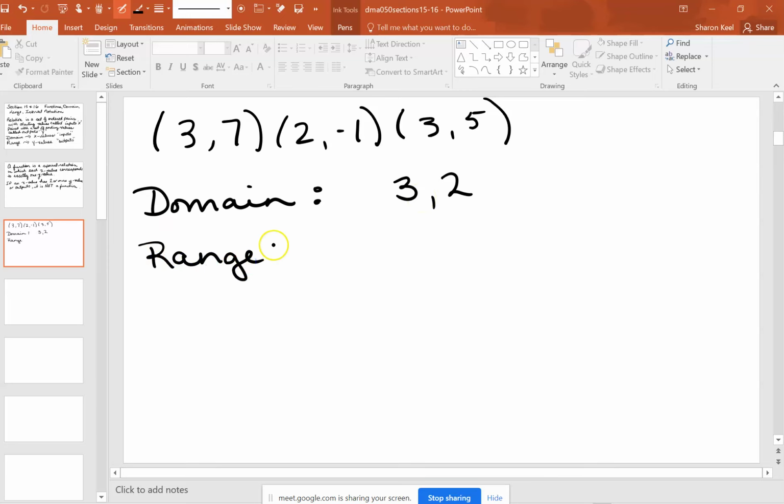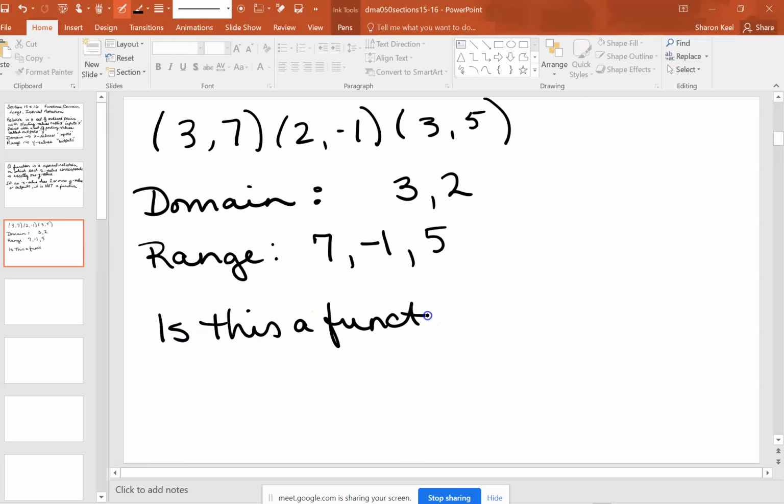If I'm asked to identify the range, I would give the y values, the 7, the -1, the 5. If I'm asked, is this a function, what you need to pay attention to is the fact that this 3 here and here has two different answers. So if one x has two or more answers, no, that is not a function. If there is only one matching pair with each, then it would be.